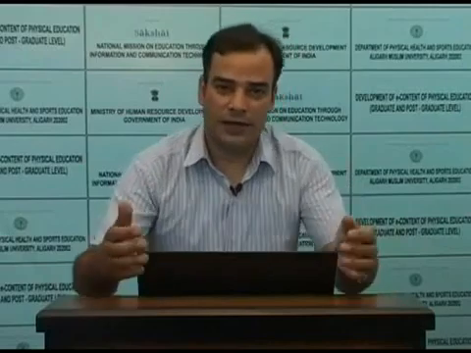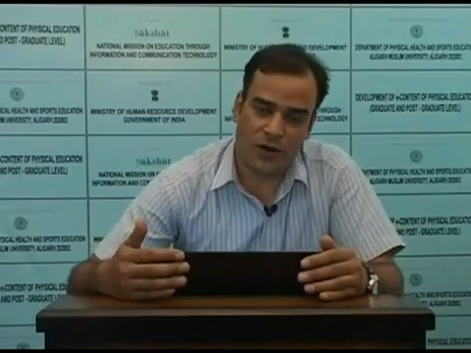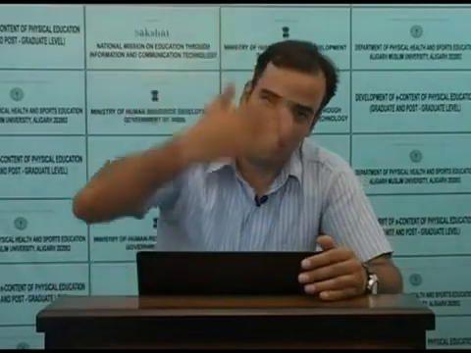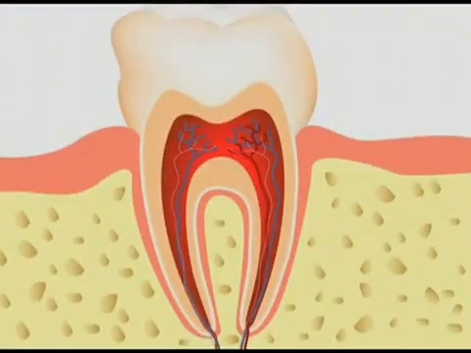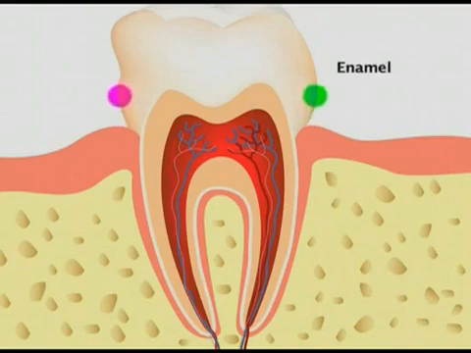Now, if we cut a section of a tooth in the vertical plane or the sagittal plane, we can see an outer covering of the tooth called enamel. This part of the tooth is resistant both to mechanical pressure as well as to acids.